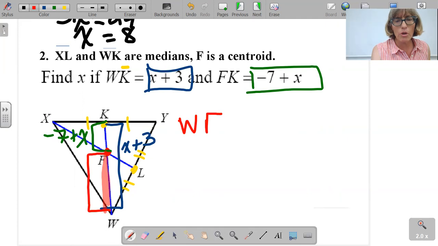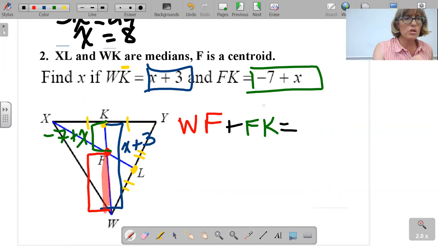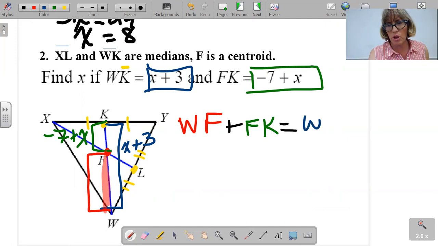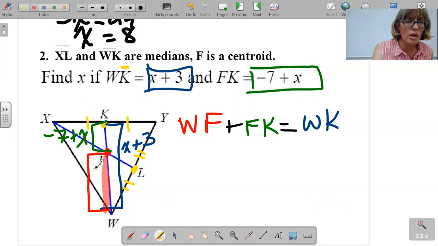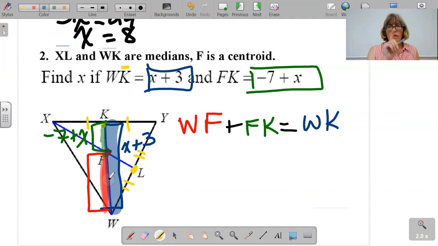The red WF plus the green F to K equals the blue, which is WK. That's our thing equation. If you do this in colors, it really makes it pop. Red plus green equals the blue. You good?